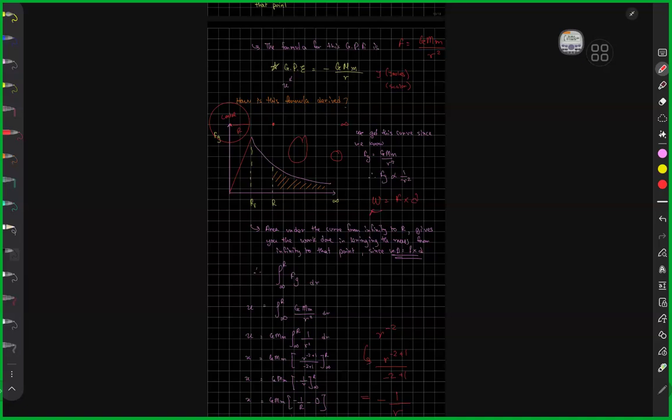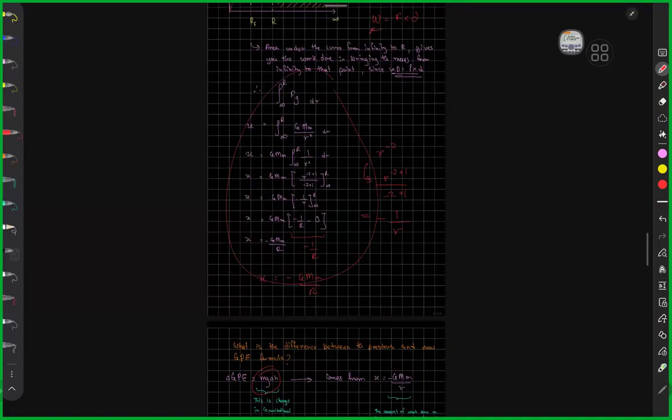B, you can do the derivation of the maths and say, okay, I have a negative sign over here, and that's the mathematical proof that gravitational potential energy is negative. C, whenever I push an object to infinity, I'm transferring my energy to it and it increases to zero. Since the object's energy increases to zero, that means near the Earth, the object's energy must be negative. So that is a third thing you can say.